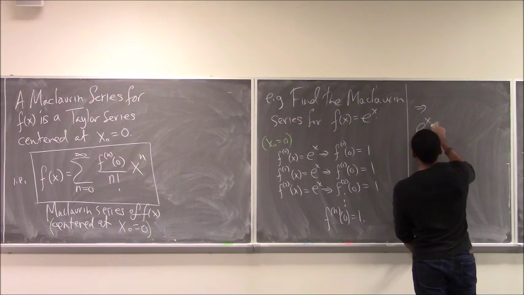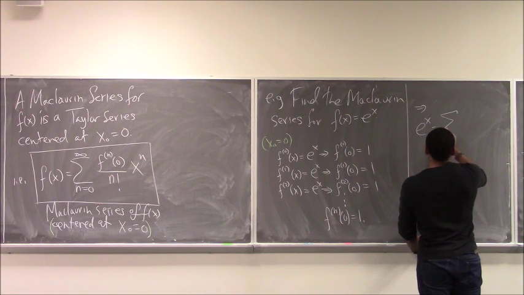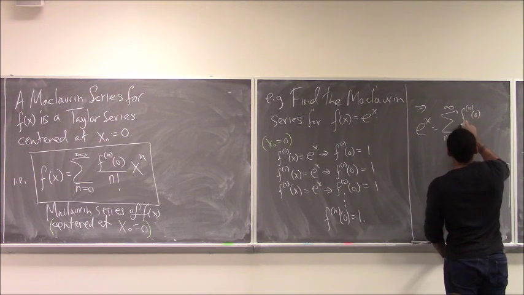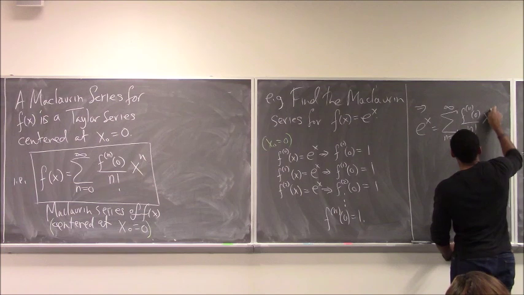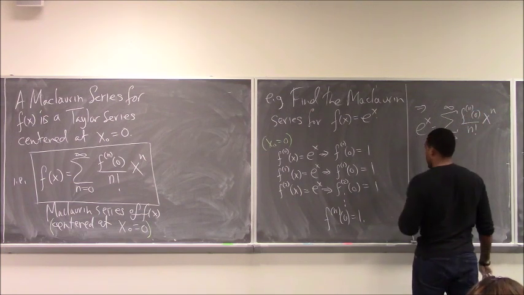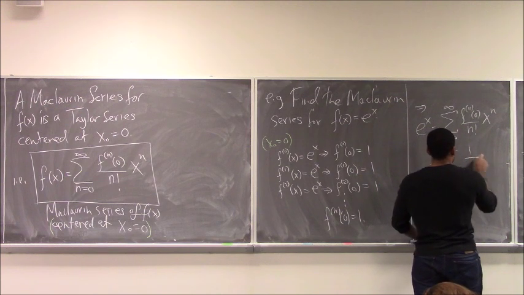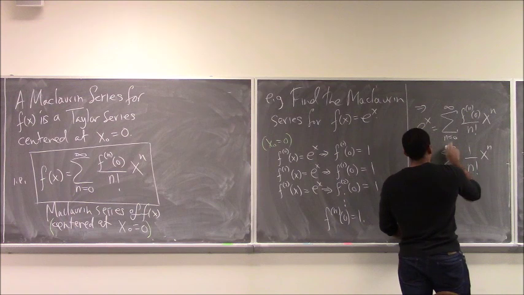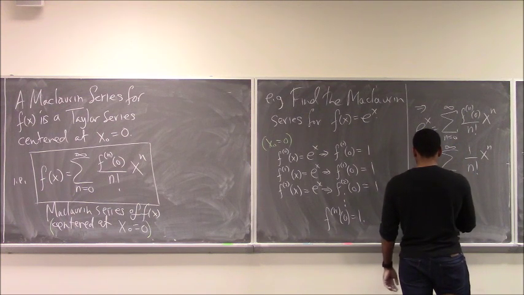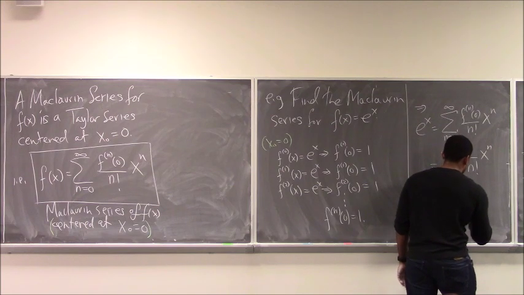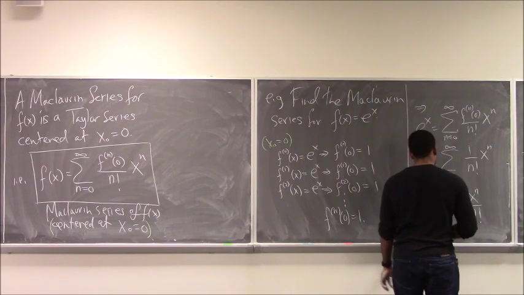e to the x, I can actually write it as a Maclaurin series. This is the sum from n equals 0 to infinity of f to the n evaluated at 0 over n factorial times x to the n, where my f to the n of 0 is 1. So I can really just plug that in. And ultimately, we tend to write it this way, x to the n over n factorial.